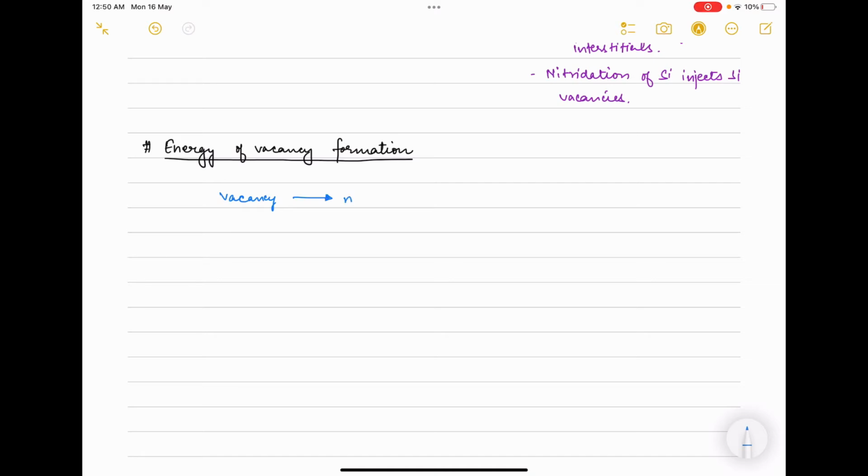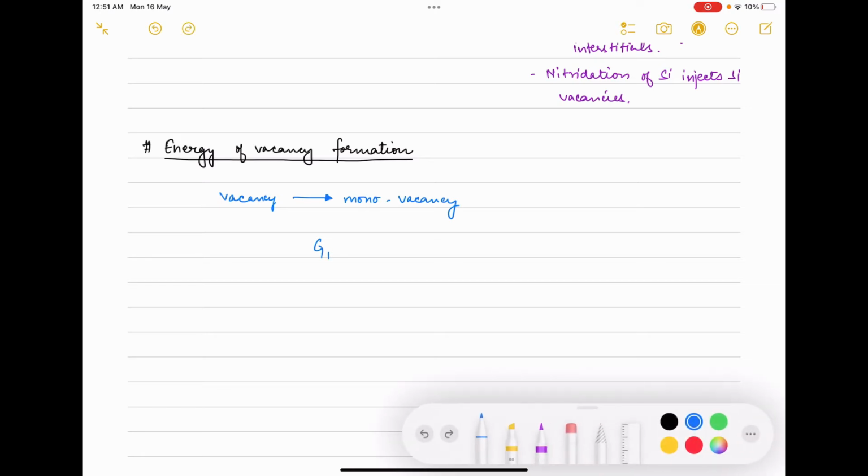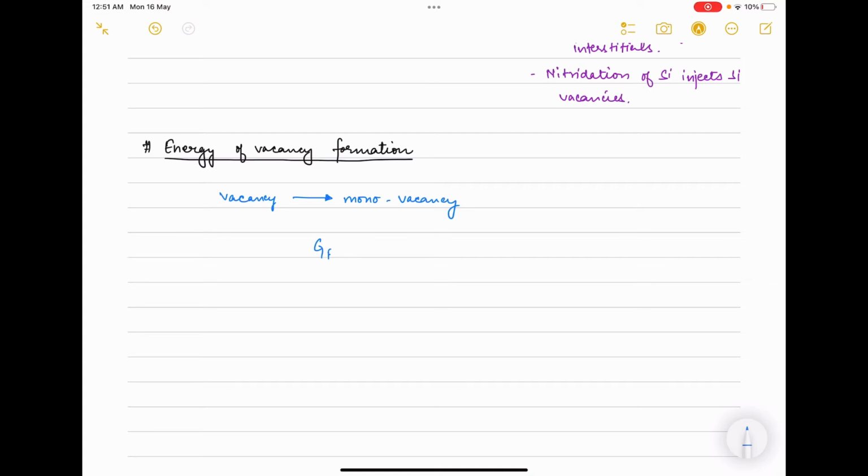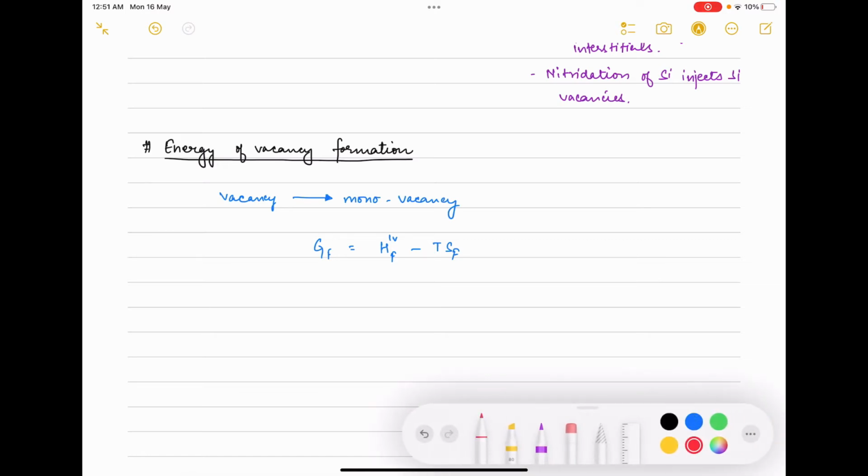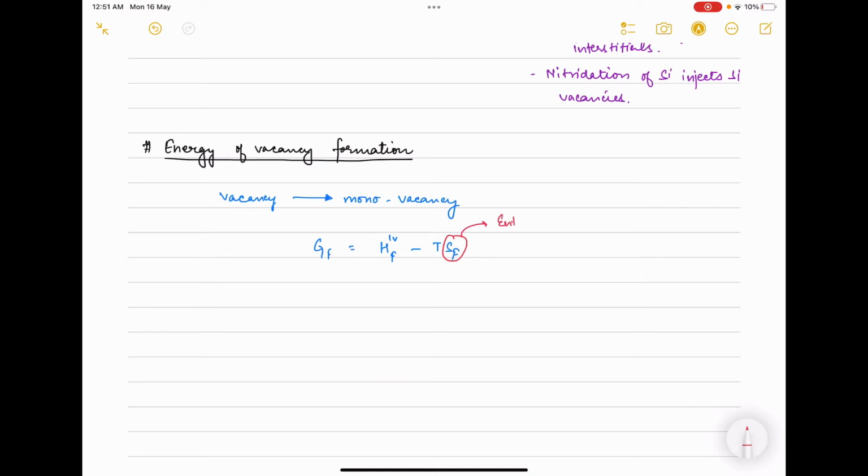Okay, so Gibbs free energy is enthalpy of formation for one vacancy minus T and entropy of formation. So here this is the entropy of formation and not the entropy of mixing.